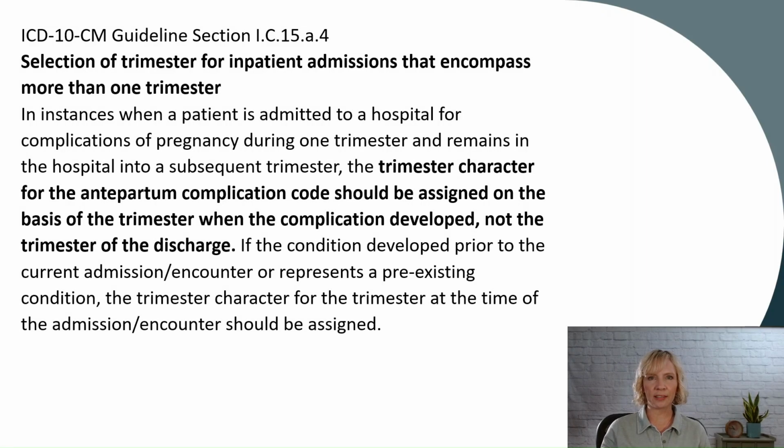When a patient is admitted to a hospital for pregnancy complications that span multiple trimesters, the trimester character for the antepartum complication code should be assigned based on when the complication first developed, rather than the trimester at discharge. If the condition existed before the current admission or is a pre-existing condition, the trimester at the time of admission should be used.